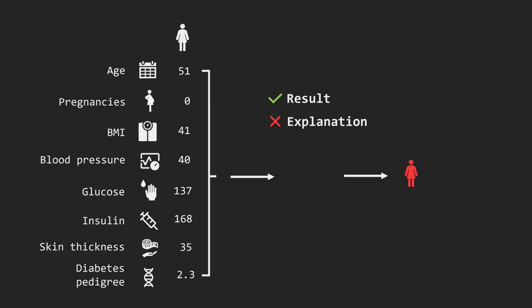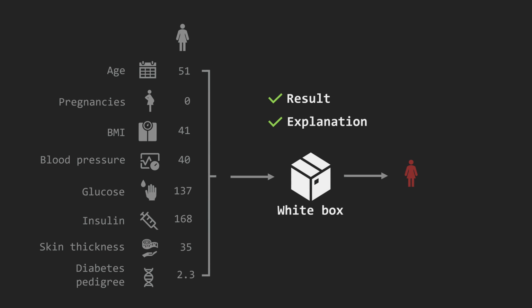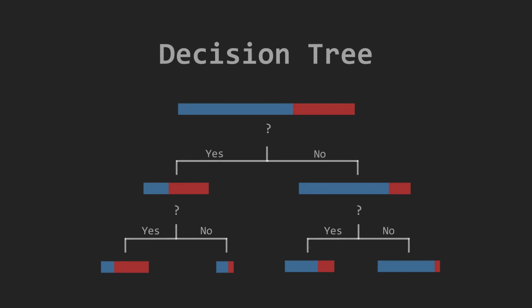Such models are called black boxes, because we get a result without explicit explanation. What we really need here is a white box model that provides both the result and the explanation, just like a doctor. So let's check with this medical example whether decision trees can give us both kinds of information.